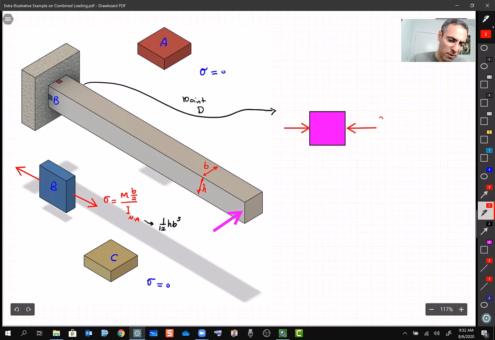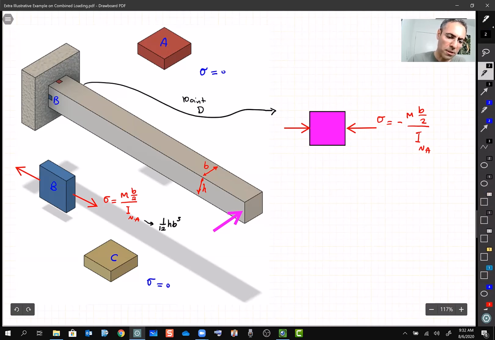Right? So sigma is going to be minus M B divided by 2 divided by I about neutral axis. Okay? So this is point D then. Hope it is clear now.